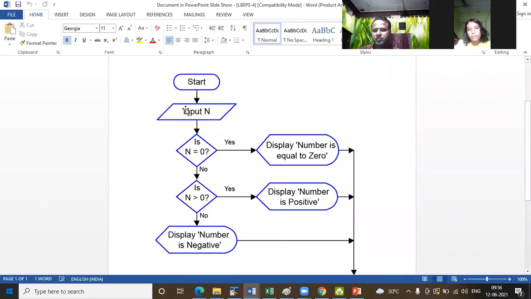Start, input a number. So you have to take a number here. Now you have to check whether the number that you have taken is equal to zero.